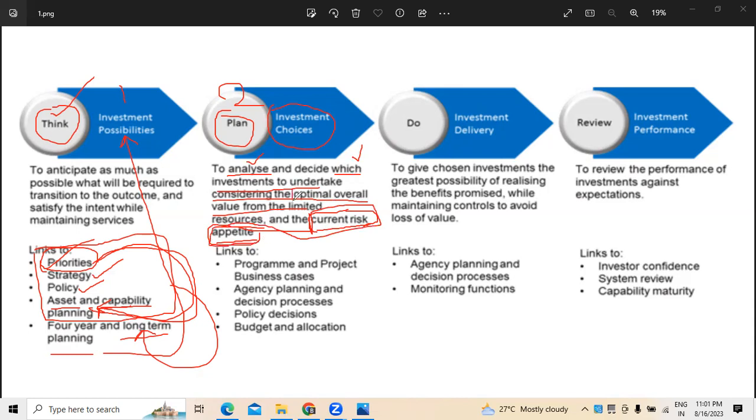But at the end of the day, this must provide an optimal overall value, because an investment should have a value for sure. If the investment doesn't have any value as such, then there will be no use in making the investment. So for that, what is required? We need to understand the business case.